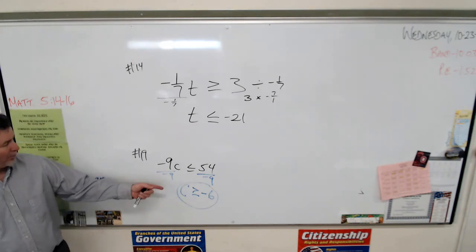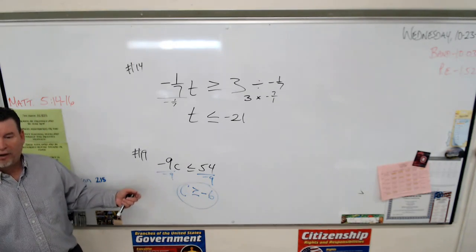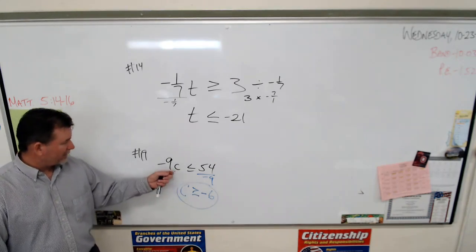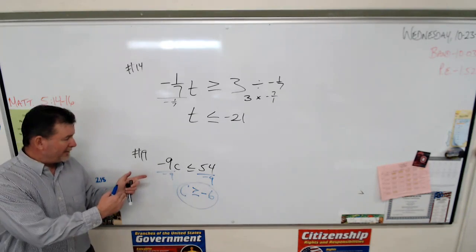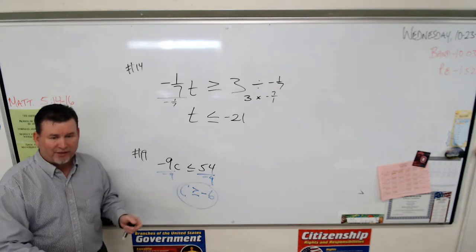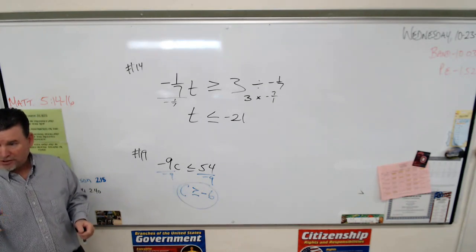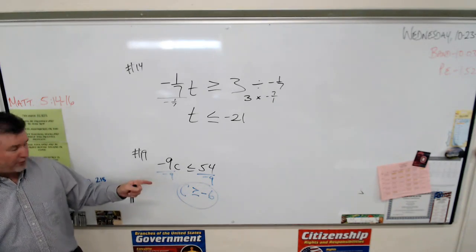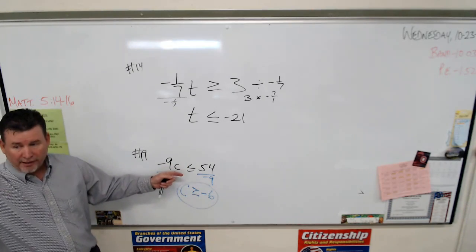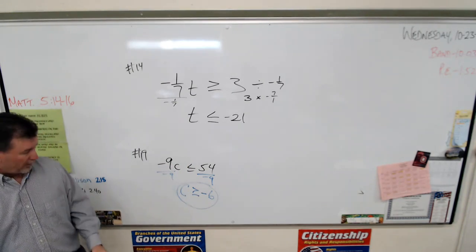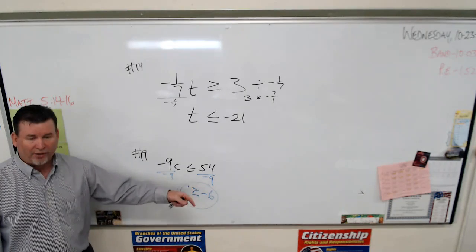All right. Now look, how do I know this is right? How do I check? Let's put negative 6 up here. What's negative 9 times negative 6? Positive 54. Is 54 less than or equal to 54? Yeah. All right? Give me something greater than negative 6.